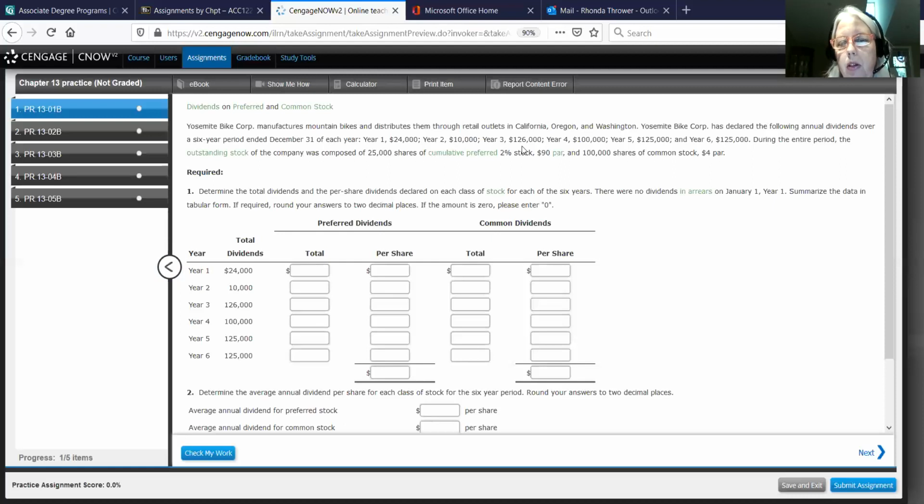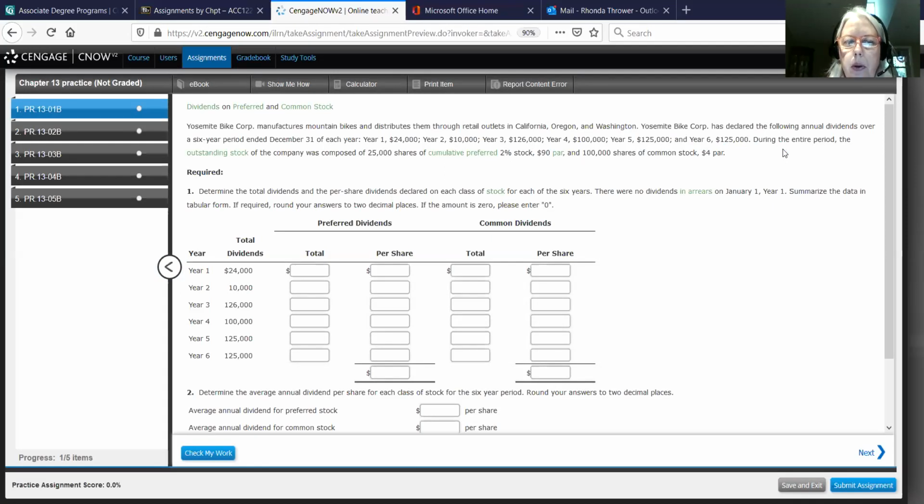In year four, $100,000. In year five, $125,000. And finally, in year six, $125,000 is declared in dividends.